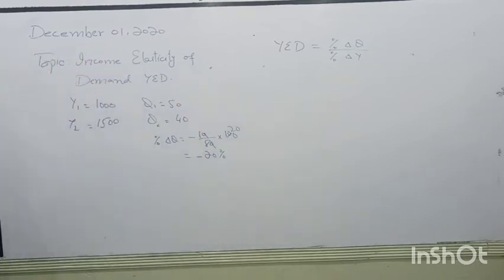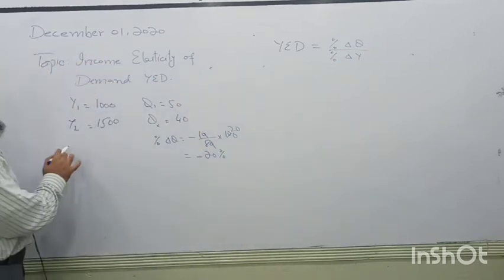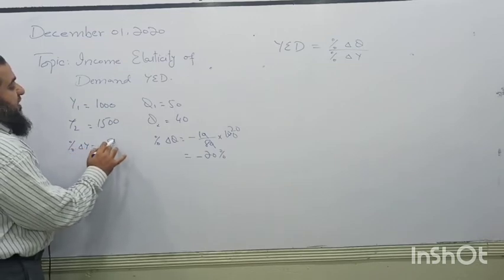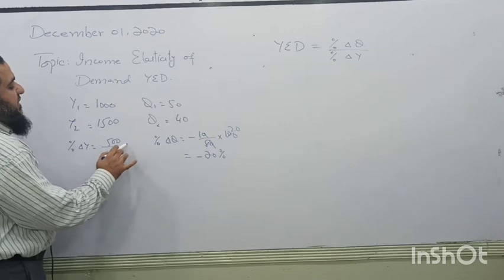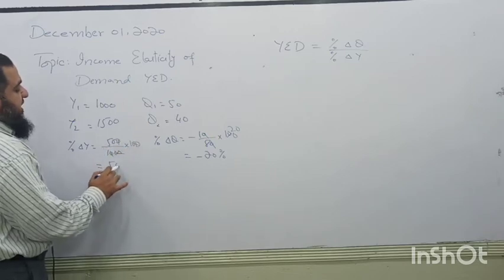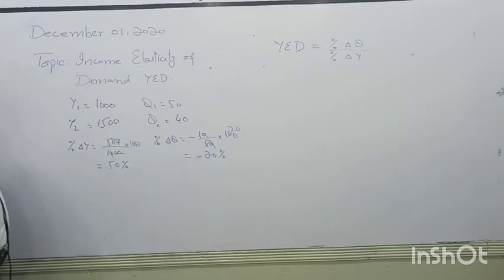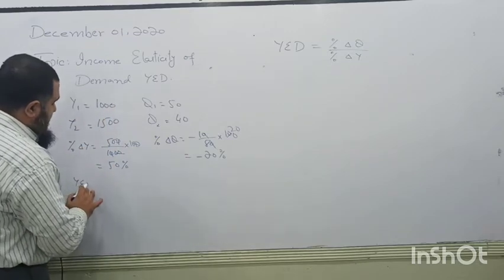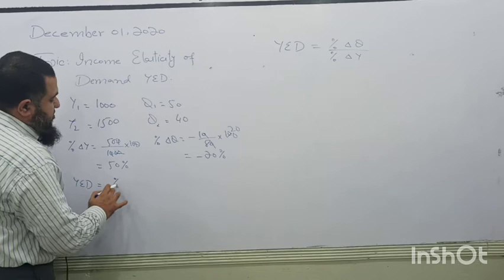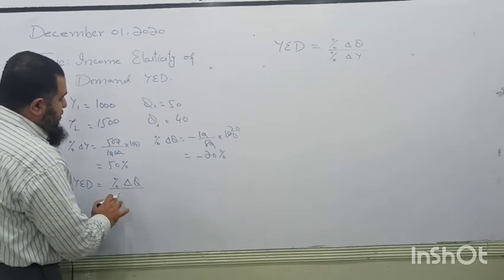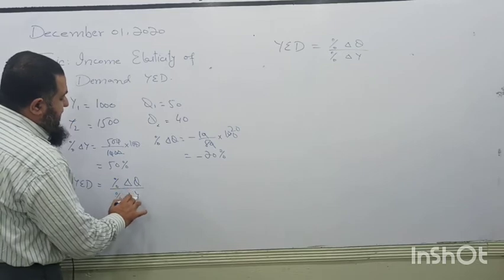Demand is falling now, even though the income has increased. So how much is the percentage change in income? That is 500 over 1000 into 100. So can I say there is a 50% increase in income. As the consumer is becoming richer, he is buying less of this product. We can say income elasticity of demand, that is percentage change in quantity due to percentage change in income.